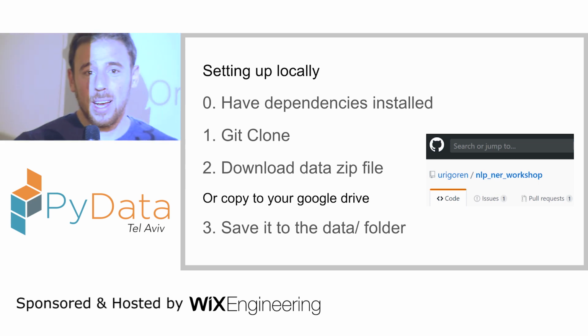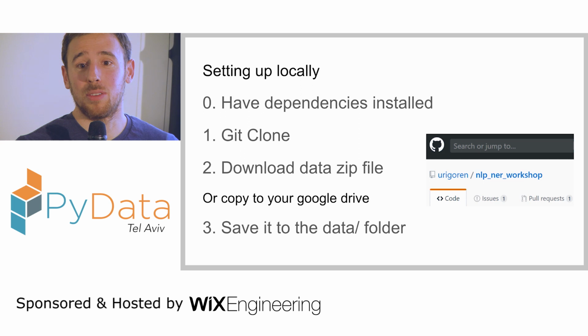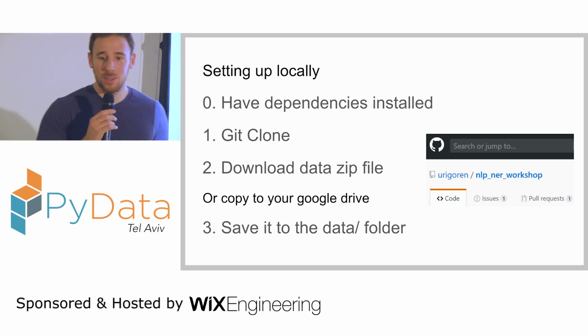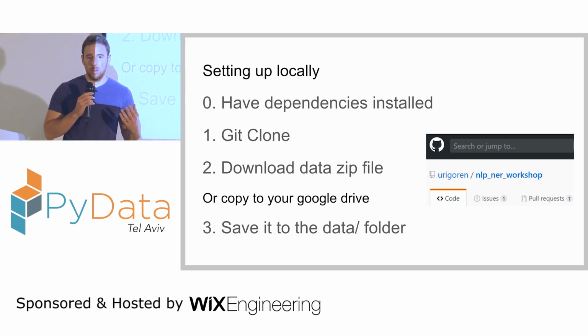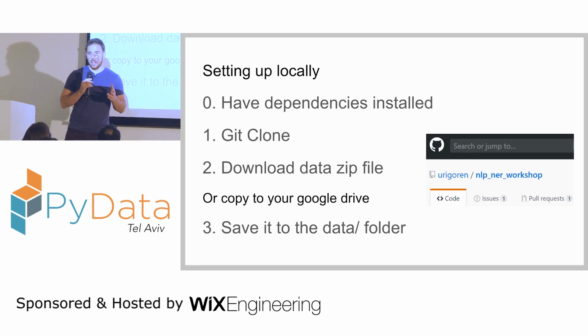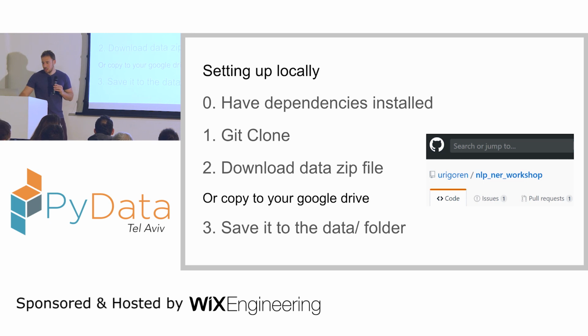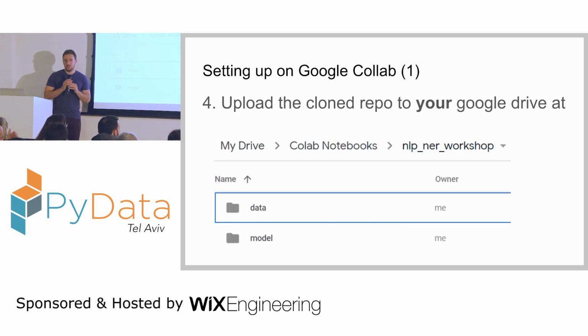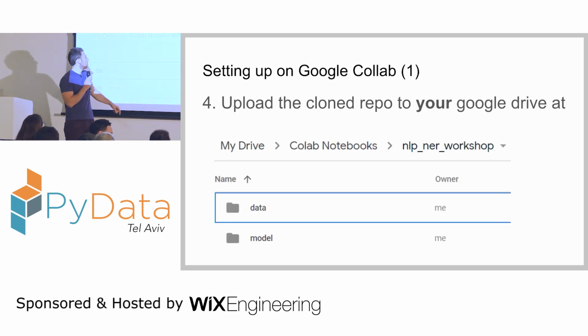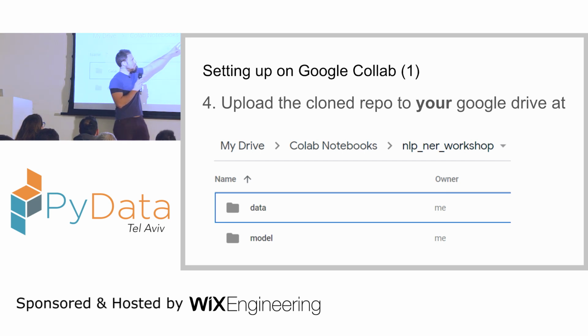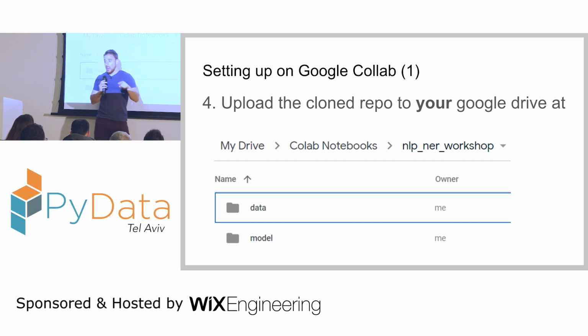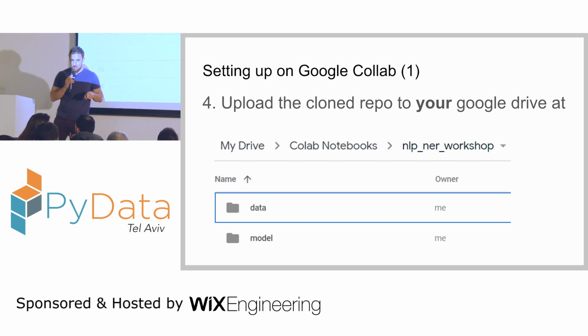We very warmly recommend, we highly recommend to use Google Colab and not use your own machines unless you have GPUs, because it would be like 10 times faster. Okay, so in order to use Google Colab, upload it to Colab Notebooks / the name of the repo in your own Google Drive.